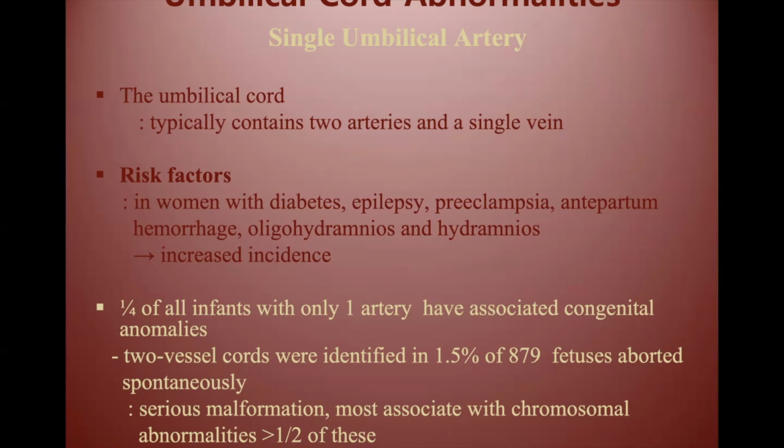As an isolated finding in an otherwise low-risk pregnancy with no apparent fetal anomalies, it does not significantly increase the fetal demise risk. But fetuses with major malformations frequently have a single umbilical artery, and when seen in an anomalous fetus, the demise risk is greatly increased and amniocentesis is recommended.